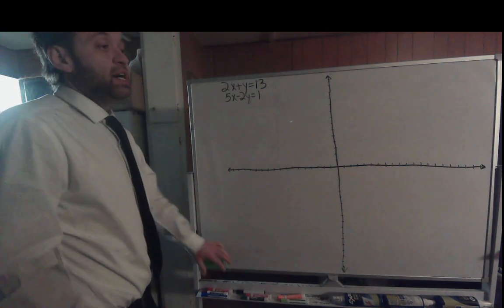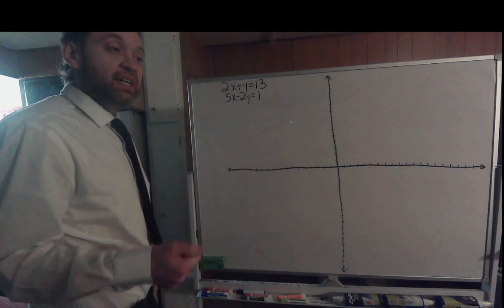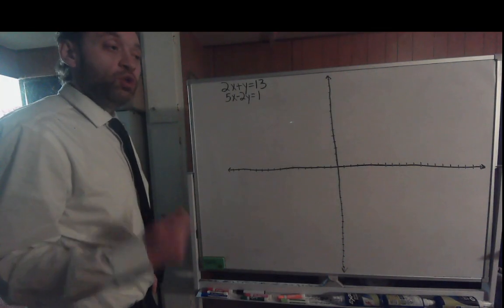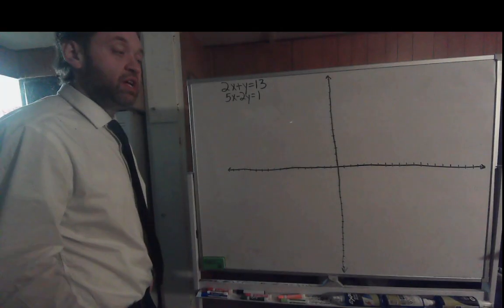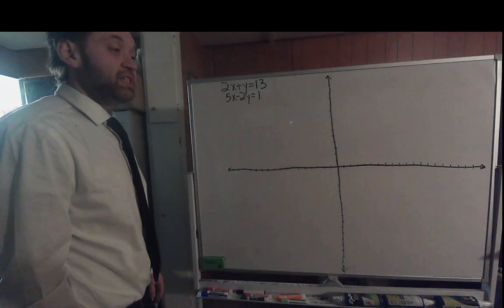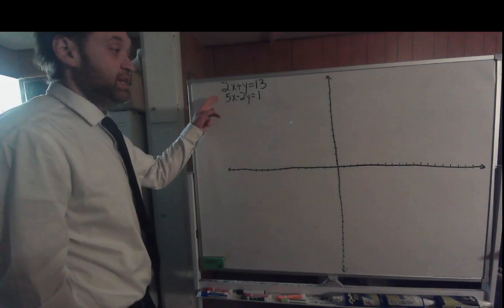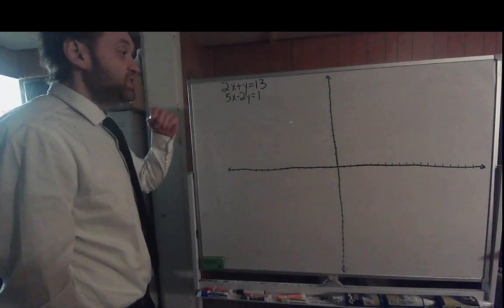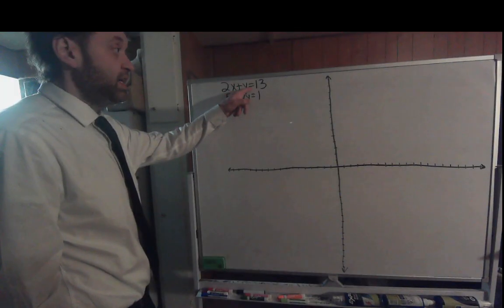But today we're going to talk about solving systems of equations graphically. The idea of this is to show you what's going on graphically when we solve a system of equations. And of course, solving a system of equations is figuring out the intersection of 2 lines. So here we have this system. We have the first line, 2x plus y equals 13.